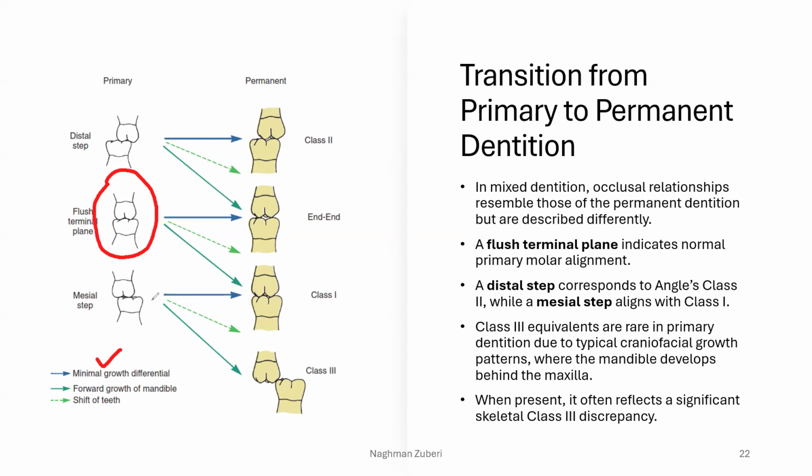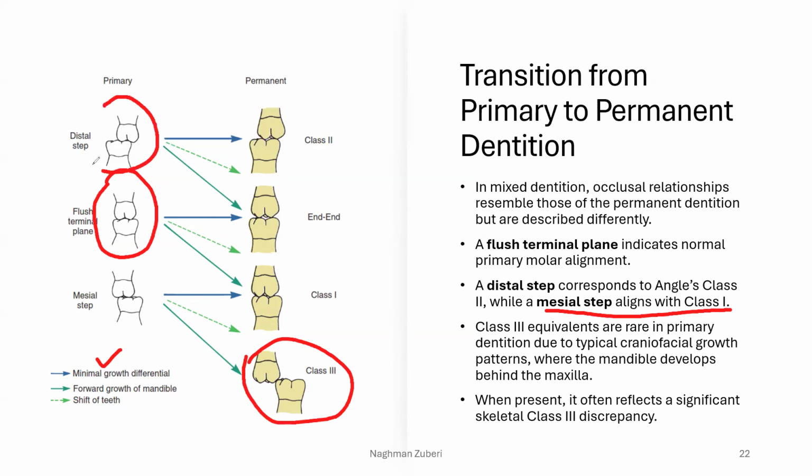Mesial step, as I told you earlier, is class 1 relationship. It will stay as class 1, but if there is a lot of mandibular growth, what we call the actual skeletal class 3 discrepancy, then there would be a chance that it may develop into a class 3 relationship.